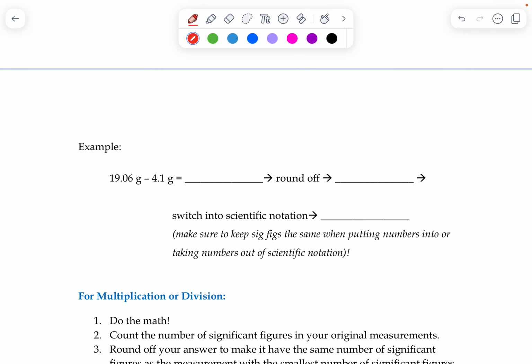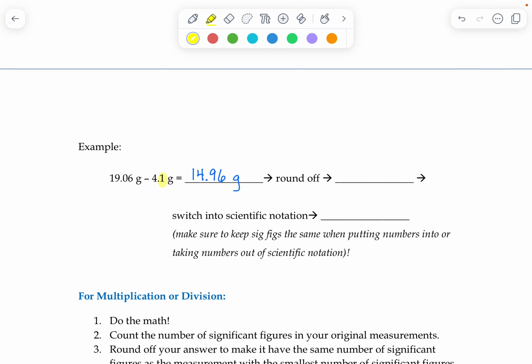So when you type in your calculator 19.06 minus 4.1, you would get an answer of 14.96 grams. The problem is when you got that answer, you only knew this one to the tenth place.